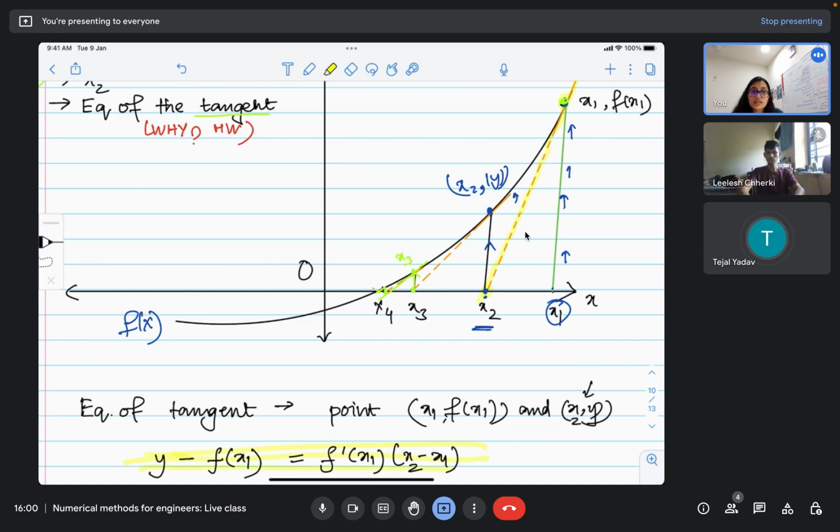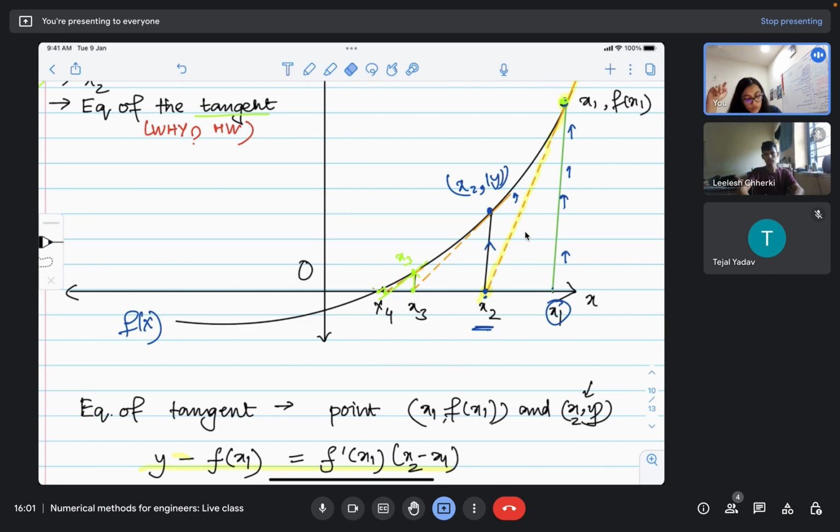Yes, ma'am. Why will this be the equation of the tangent? Because for any straight line, as we know, y2 minus y1 divided by x2 minus x1 gives us the slope. Now the point about the x-intercept comes. The x-intercept is defined as the point of x when the value of y is 0, right?